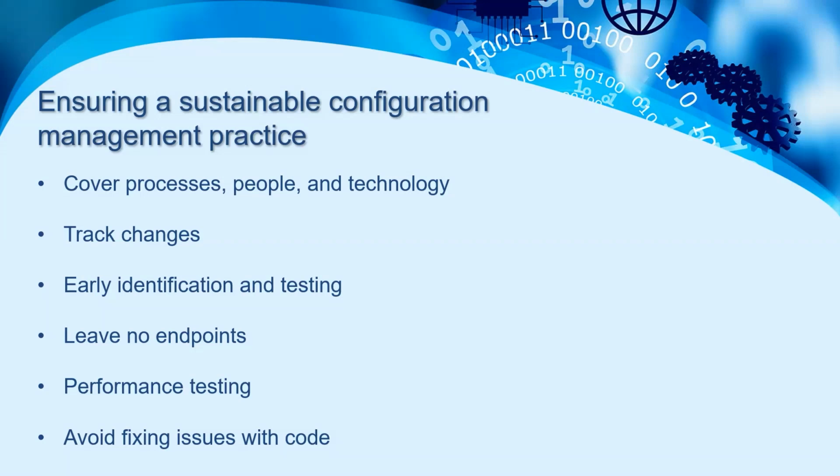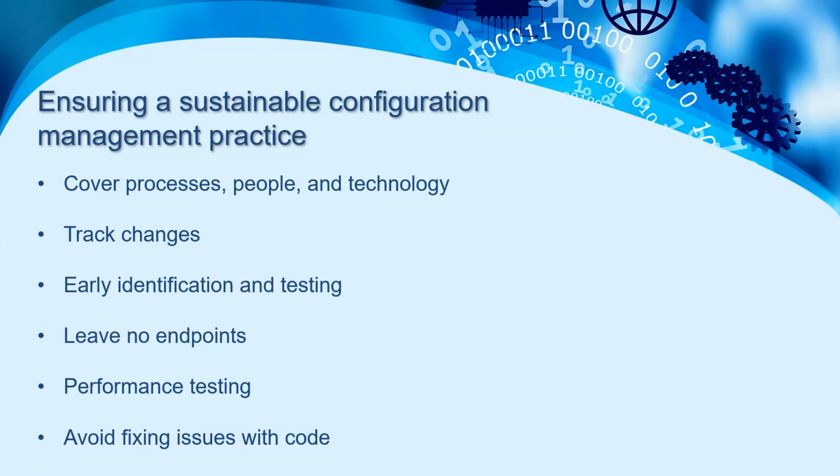Early identification and testing is also important. So if something has gone wrong with any configuration item, it is important that the problem is identified early, and then testing is also key. You must not leave any endpoint.